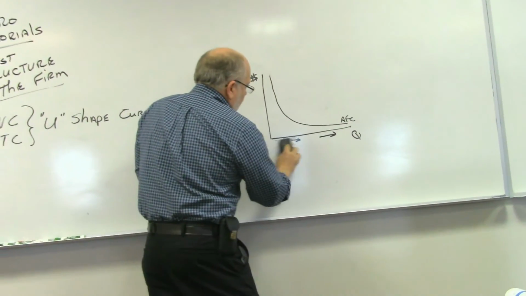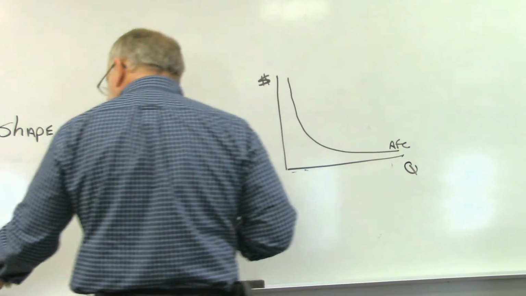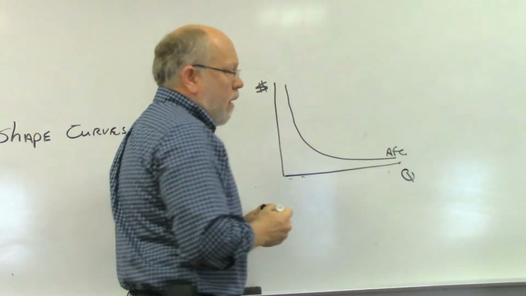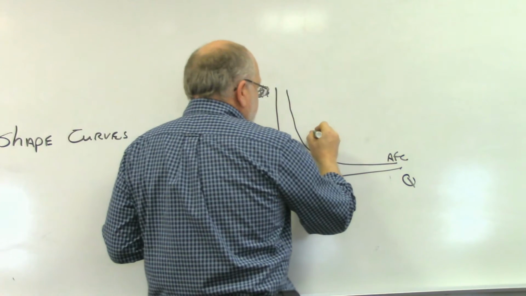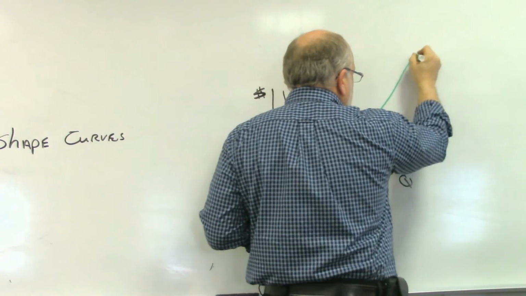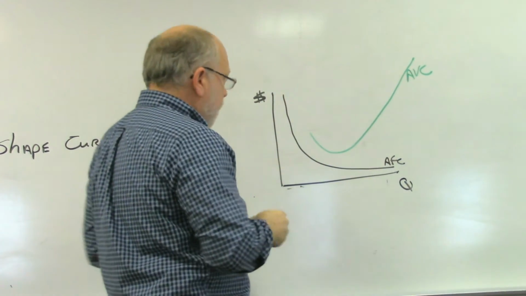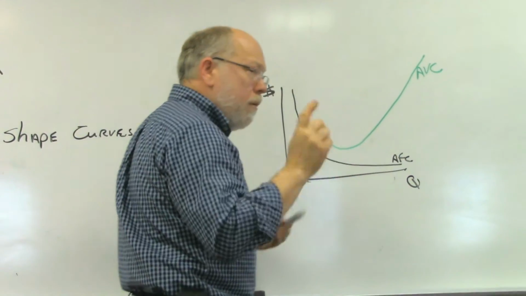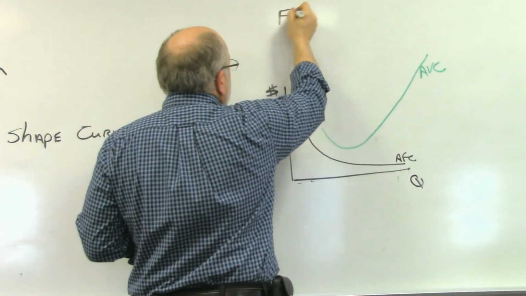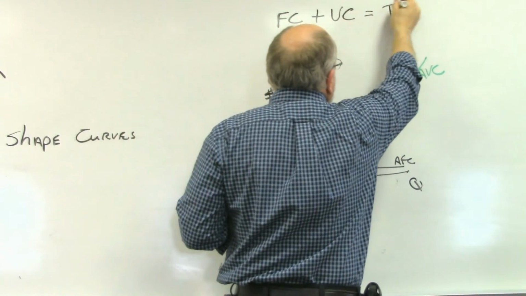We said that we also had, and I'll try to put this in maybe a different color, an average variable cost curve. An average variable cost curve, we said, goes down and goes back up like that. We called that the average variable cost curve. Now you might remember, we said that fixed cost plus variable cost equals total cost.